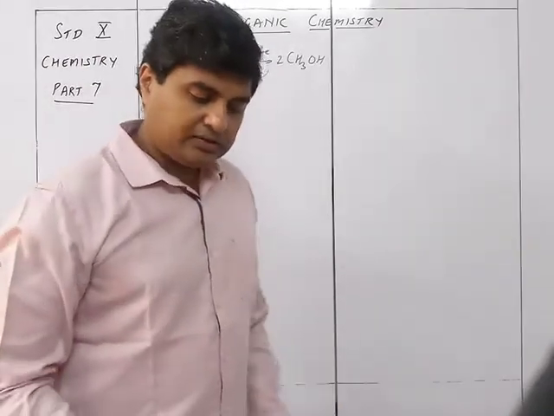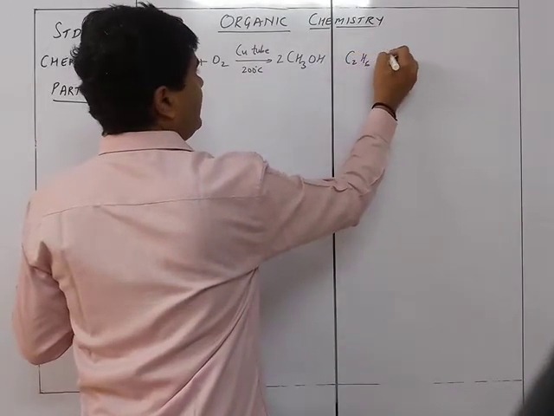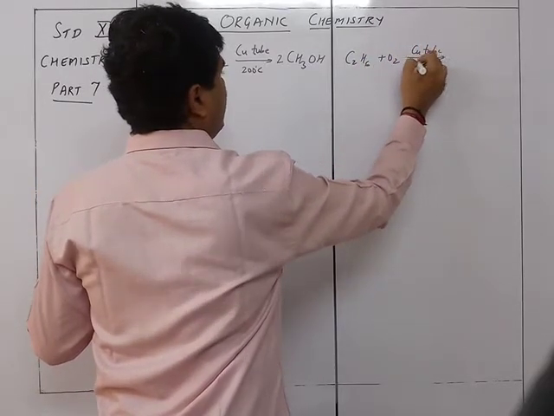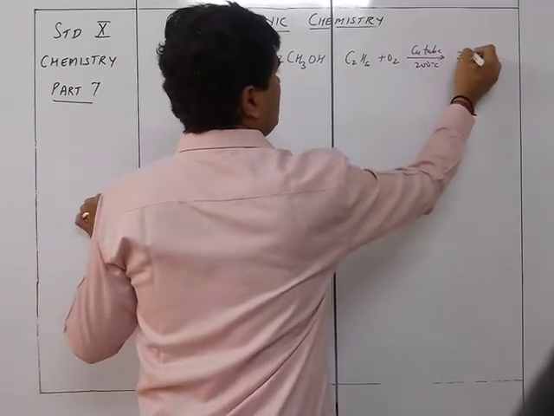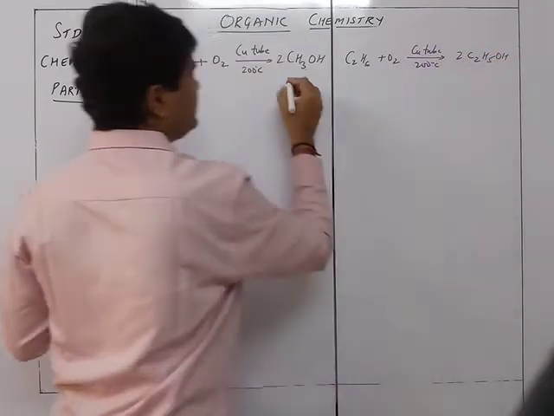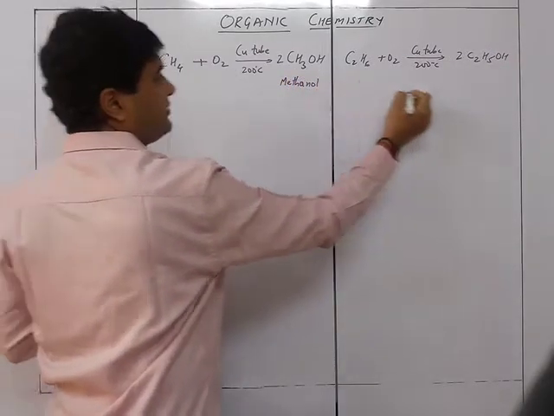Similarly, if you take C2H6, then plus O2 will give you the same thing with Cu tube at 200 degrees Celsius as 2C2H5OH. So this is methanol. This is ethanol.